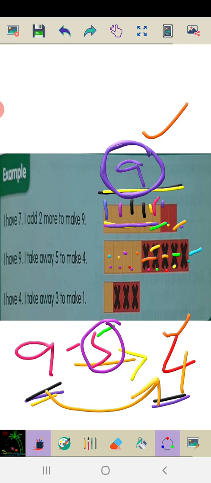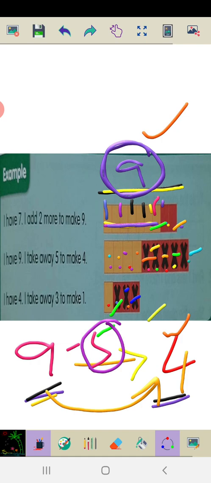I have 4. I take away 3 to make 1. So how many boxes are there in the last? We have 4 boxes. Count these boxes. In these 4 boxes, we are removing 3 boxes. 1, 2, 3.